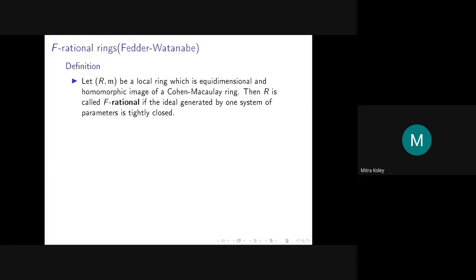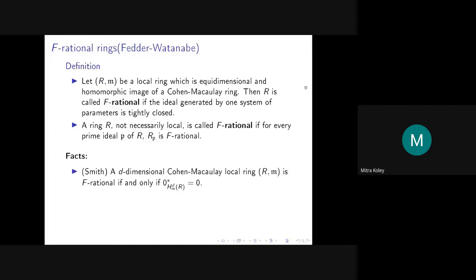Then R is called F-rational if the ideal generated by one system of parameters is tightly closed. A ring R which is not necessarily local is called F-rational if for every prime ideal P the local ring R_P is F-rational.